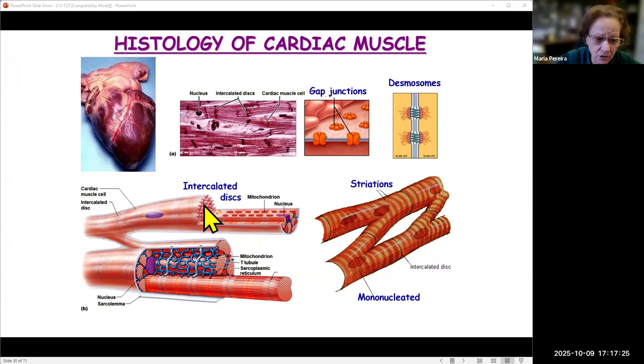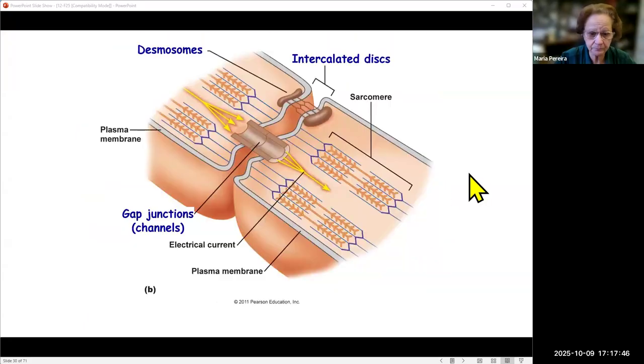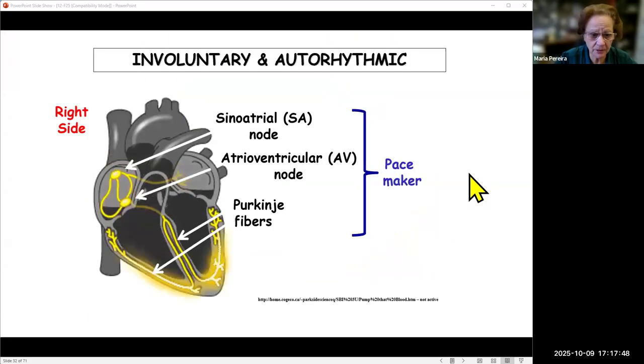They also, at the intercalated discs, have gap junctions. What are gap junctions? Gap junctions are channels that allow ions such as sodium and potassium to go through without having to go through the plasma membrane. So this is very, very important for signal transduction at the cardiomyocytes.